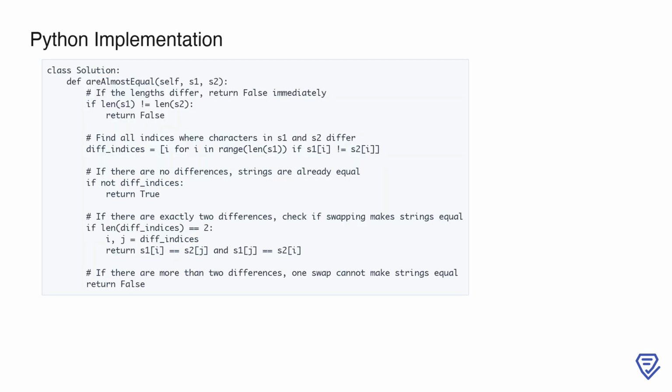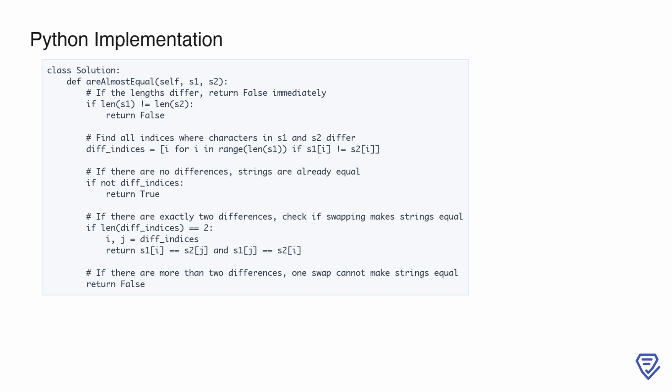The provided code solves LeetCode problem number 1790 by determining if two strings can be made equal with at most one character swap. Let's break it down step by step. 1. Length check. The first step is to compare the lengths of S1 and S2. If their lengths differ, it is impossible to make them equal with a single swap, so the function immediately returns false. 2.